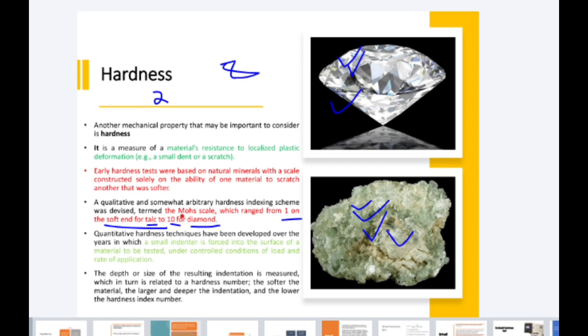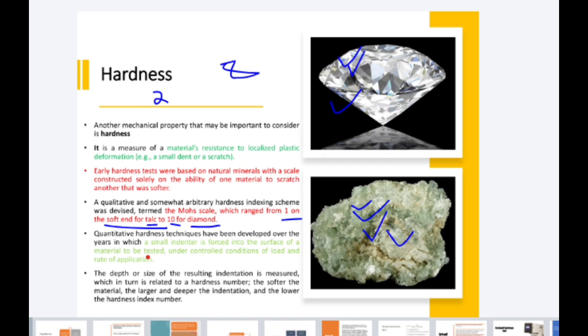Then later on, quantitative hardness techniques were developed over the years, right? A small indenter is forced into the surface of the material to be tested, what we have done in the lab, under a controlled condition of load and rate of application. We force the indenter into one point on the material with a controlled load, and then we measure the depth or the size, the diameter of the indentation, which tells us the hardness number.